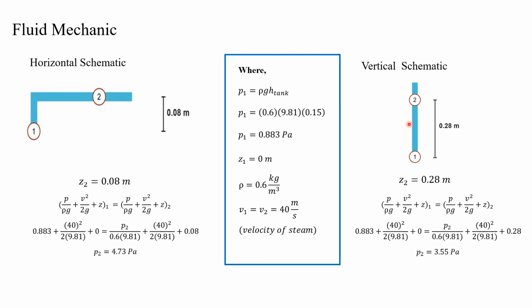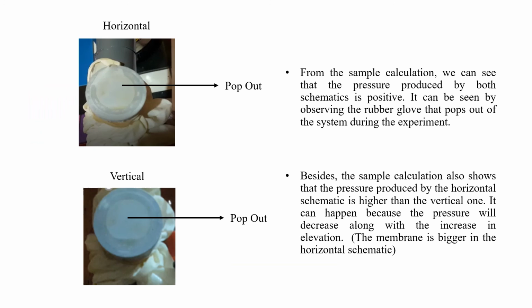The difference between them is the head, the different head between the pressure one, which is the boiler, and the position of the pressure or the membrane that is represented by the rubber glove. We know that the pressure produced by the horizontal and vertical are both positive, and the pressure produced by the horizontal schematic is bigger than the vertical one.